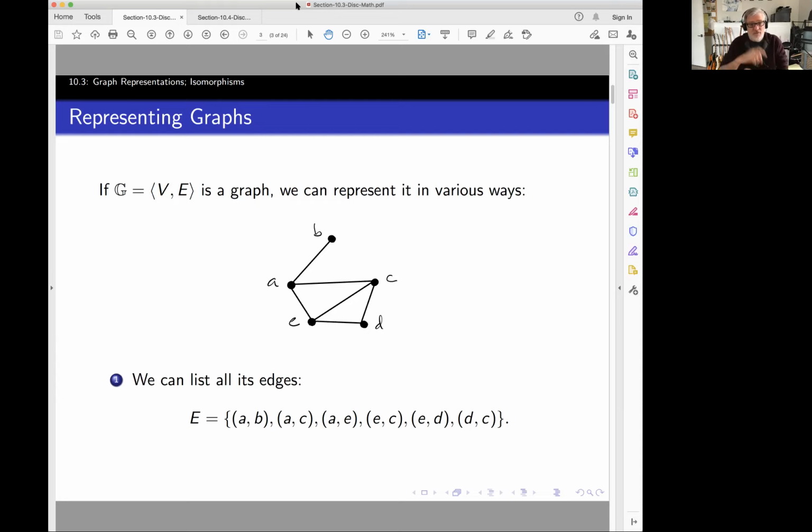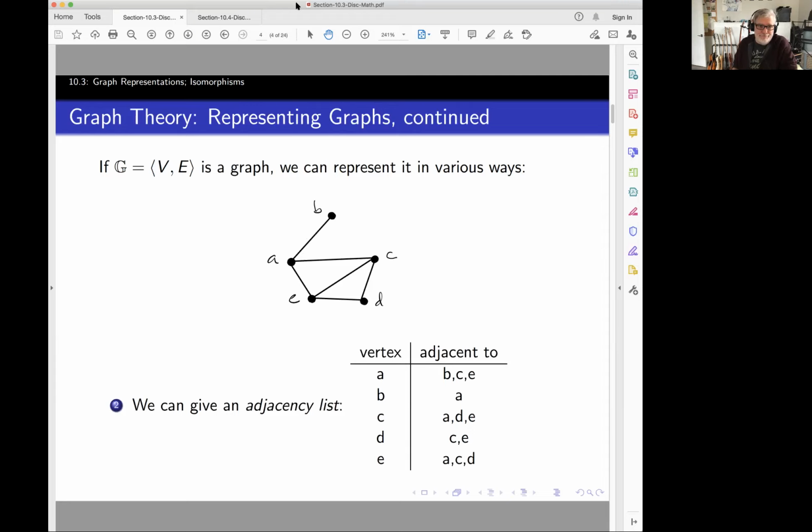In this case, we have the edges A, B, A, C, A, E, E, C, E, D, D, C. This is the standard way of representing a graph, where you just give all the possible edges. Now, if you have isolated vertices, then you wouldn't know just by the list of edges if they were there or not. So you'd have to be given the set of vertices also. This is not a huge deal.